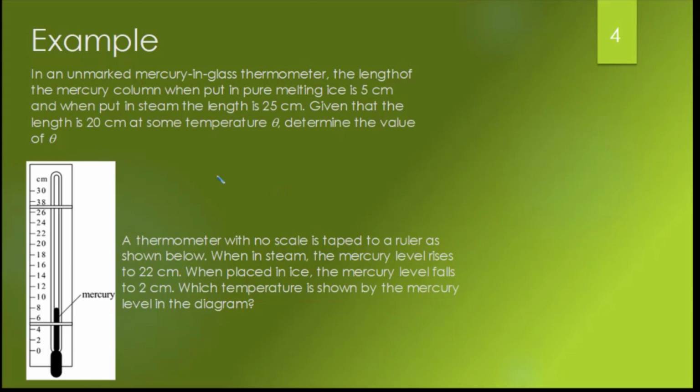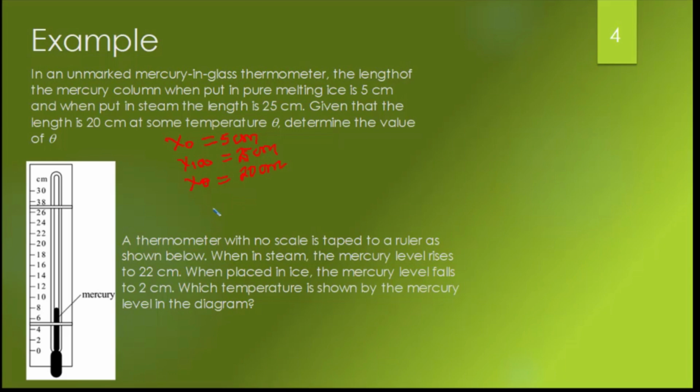So from this we can quickly deduce that the length at the lower fixed point, x0, is 5 centimeters. The length at the upper fixed point is 25 centimeters. The length at the temperature theta is 20 centimeters.